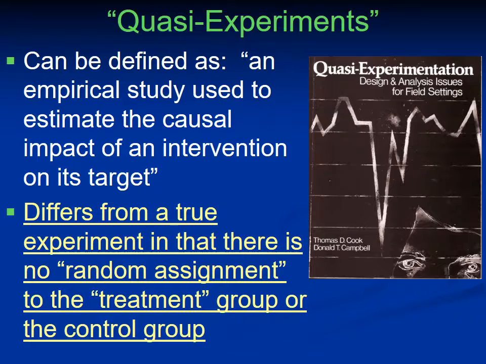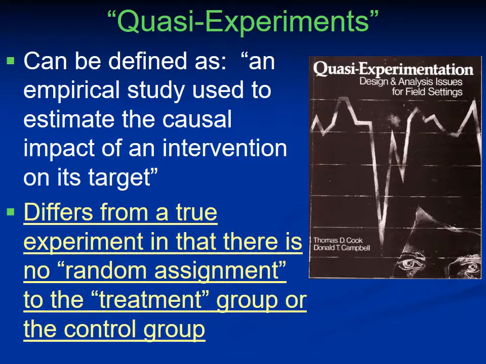So here I want to talk about quasi-experiments. A quasi-experiment is an empirical study used to estimate the causal impact of an intervention on a target population. Well, that sounds a lot like a true experiment or a randomized controlled trial, right?